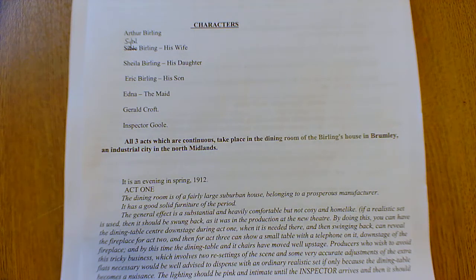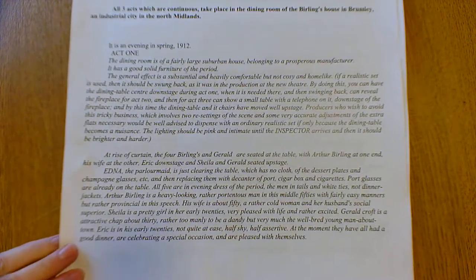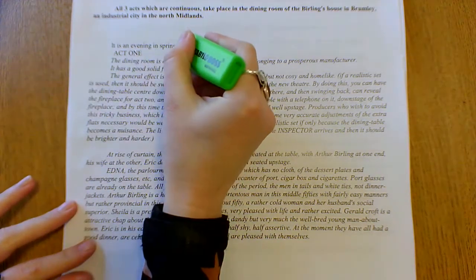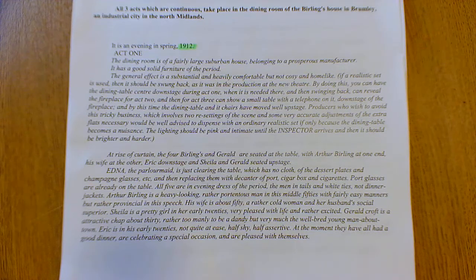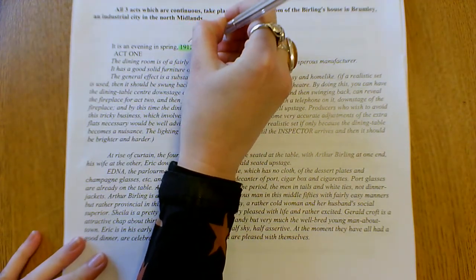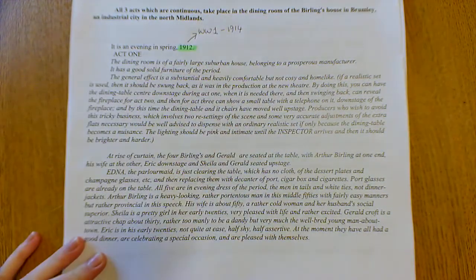So we're just going to go through the opening stage directions just in case you haven't looked at them yet, because again, I know that attendance was a little bit patchy last week. So this is really important. 1912. So we're going to take a minute to think. 1912, why is that an important date? Now, hopefully in your head, you're thinking World War I happened in 1914. 2 years after this date.